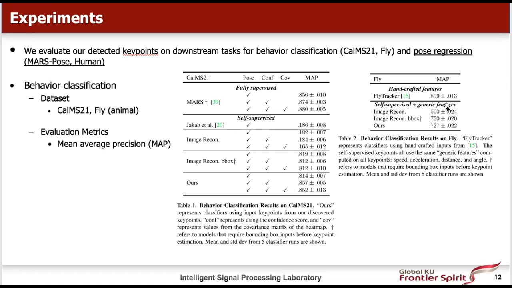And for the right table, we can see the compared methods are based on handcrafted features, and the proposed method is using the self-supervised training method, and it also uses some generic features which can be calculated from the predicted key points location.